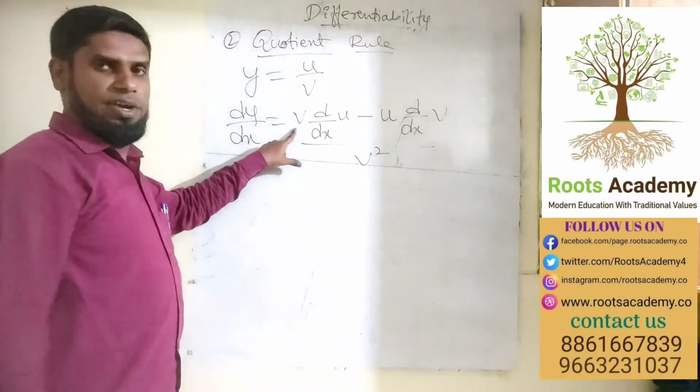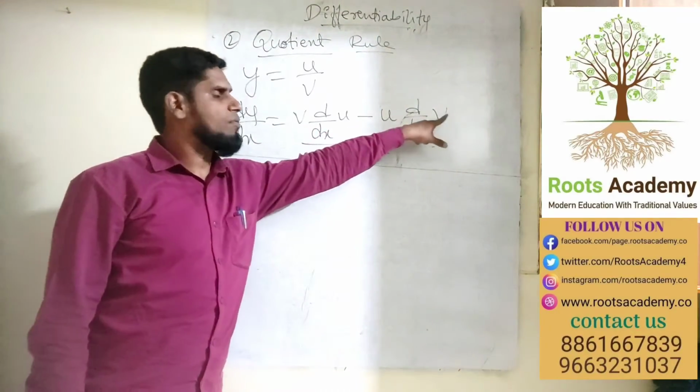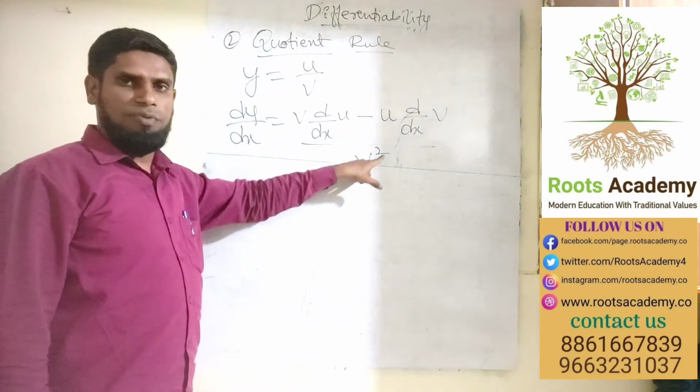That is, v into derivative of u minus u into derivative of v, all divided by square of v.